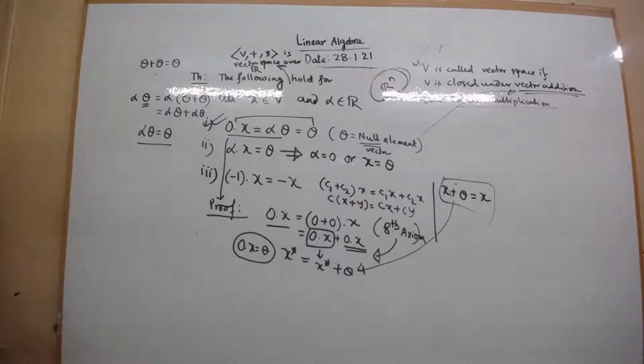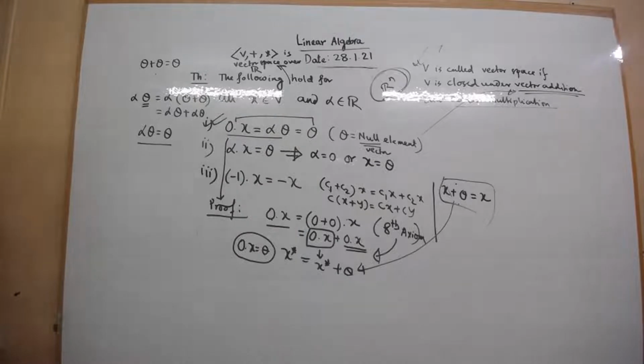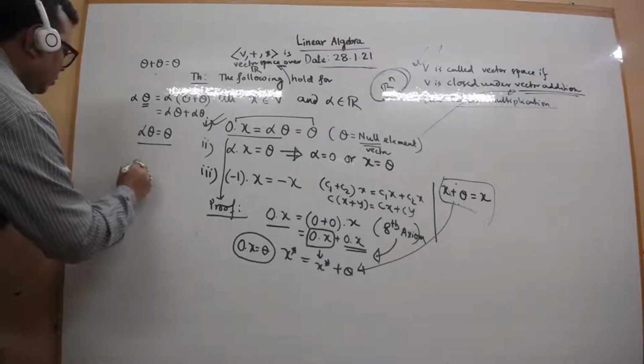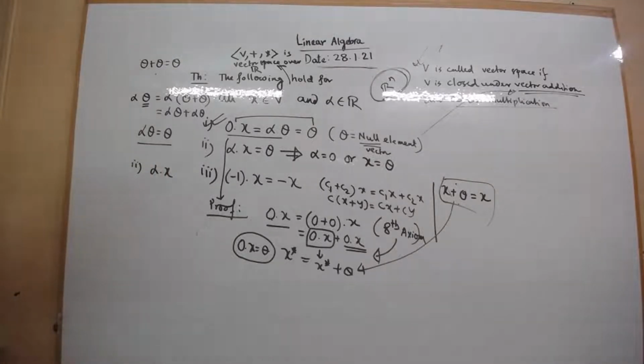Now, next part, alpha x equal to theta given. Now we want to prove that this implies either alpha equal to 0 or x is equal to theta.